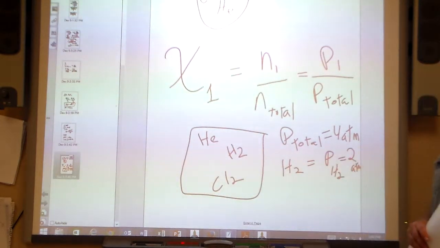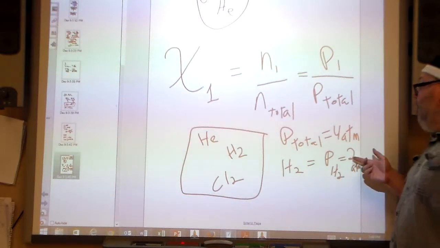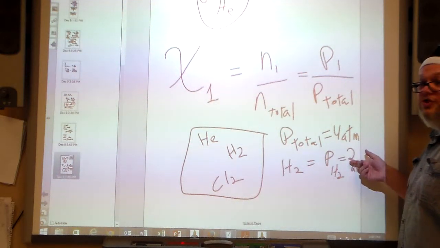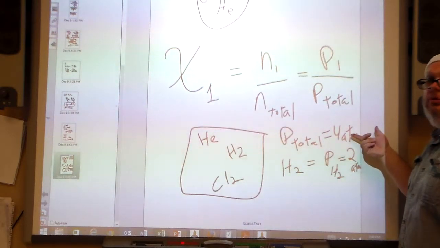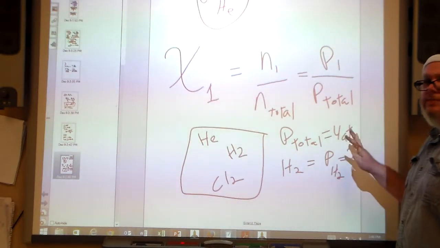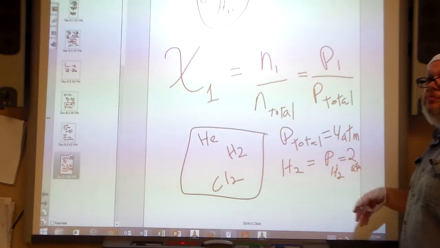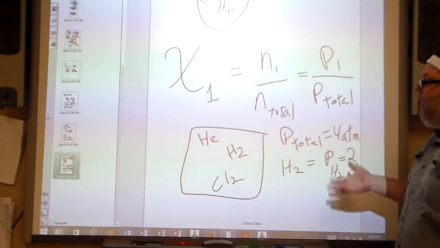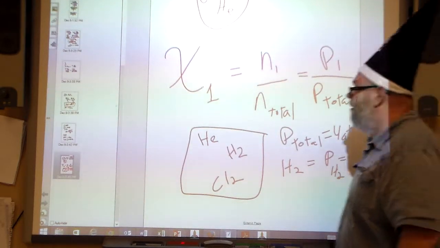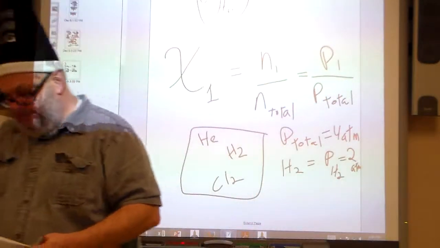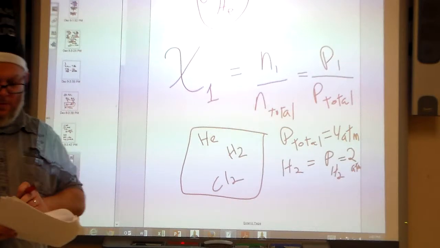What's going to be our mole fraction? Well, our mole fraction is going to be the partial pressure of the hydrogen gas, which is 2 atmosphere, divided by the total pressure, which is 4 atmosphere. So our mole fraction would be 0.5. That's it. That's all that it is. It's not too bad, but that's the general idea with that.